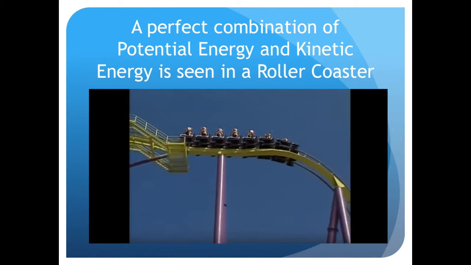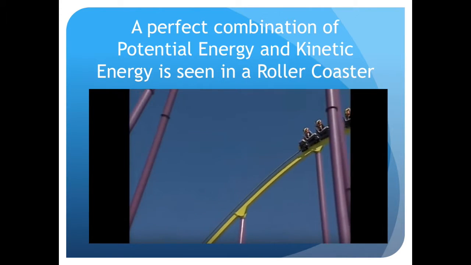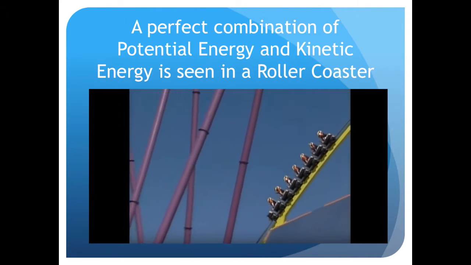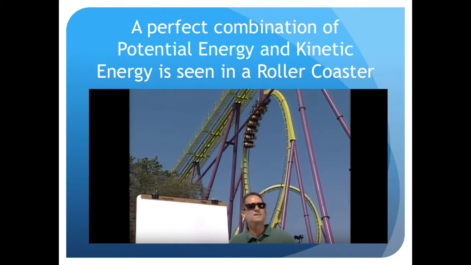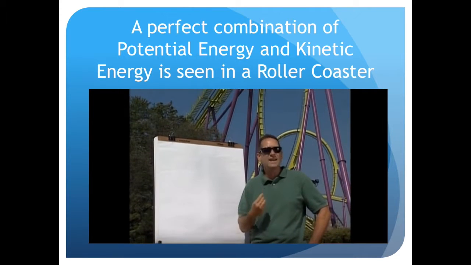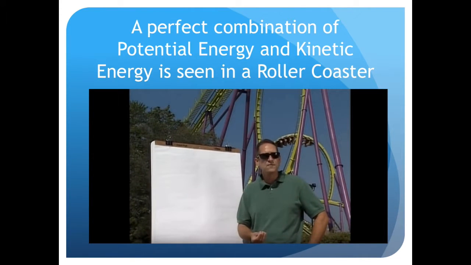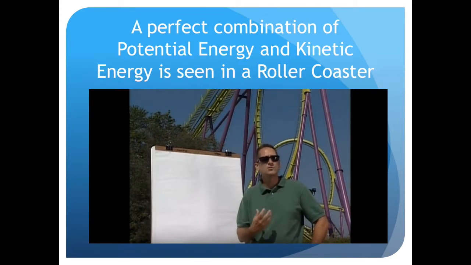At the bottom of a roller coaster, the train has no potential energy. So what we have to do is supply energy to the system to bring it up and give it energy. So the machine is adding energy, supplying a force. That force is moving the object through a distance, and that's what we call work.